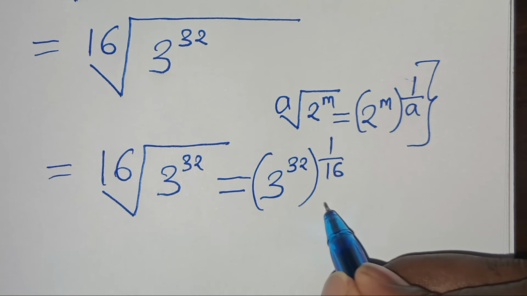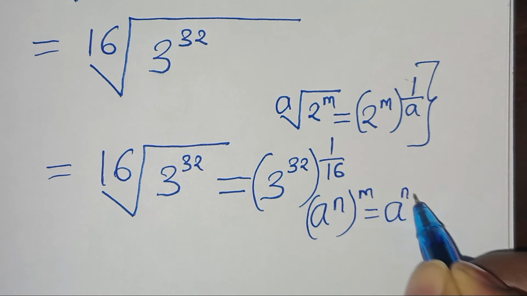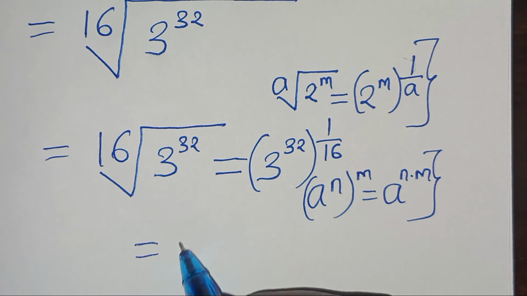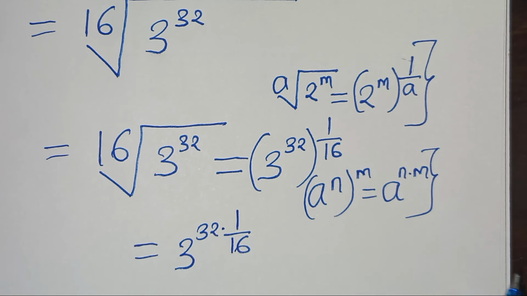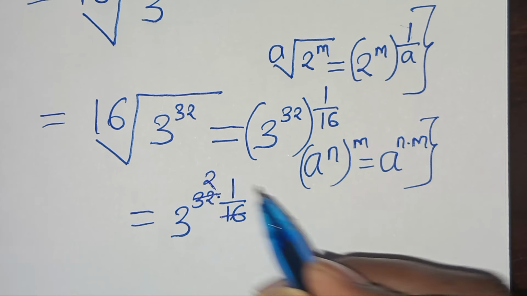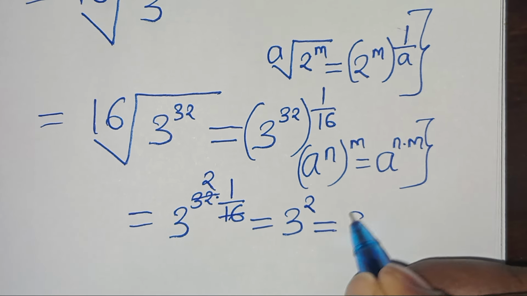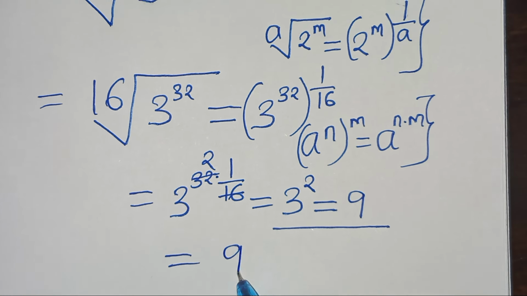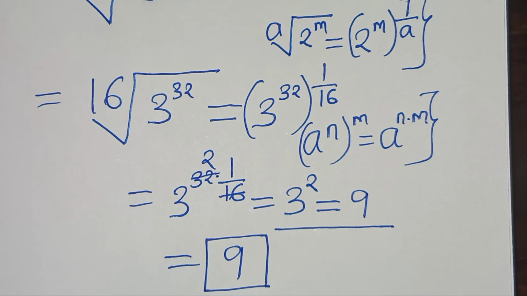And this is in the form of a to the power of n raised to the power of m, which can be expressed as a to the power of n multiplied by m. Applying this identity, we have 3 raised to the power of 32 times 1 over 16. So 32 divided by 16 is equal to 2. This means we have 3 squared, and this is equal to 9. So we have the solution here. The solution is equal to 9. This is the solution to this root math problem.